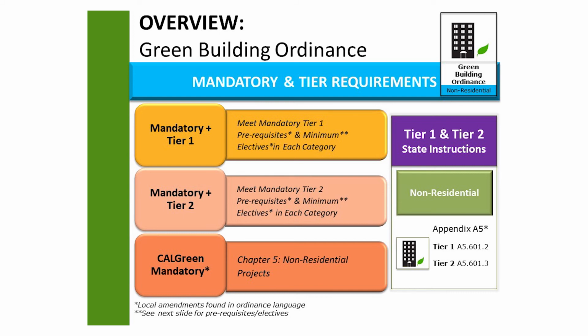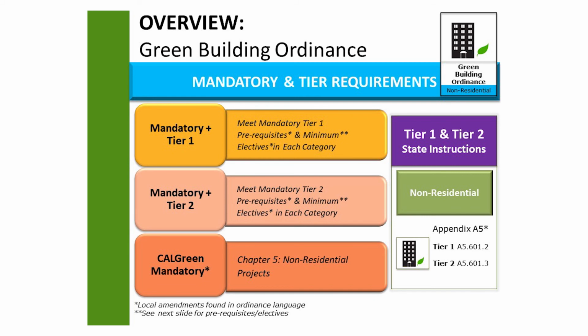For Tier 1, projects must meet the mandatory Tier 1 prerequisites and minimum electives in each category. For Tier 2, these projects must meet the Tier 2 prerequisites and minimum electives in each category.